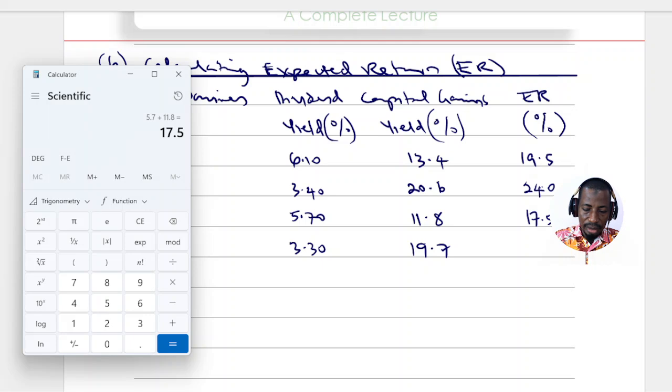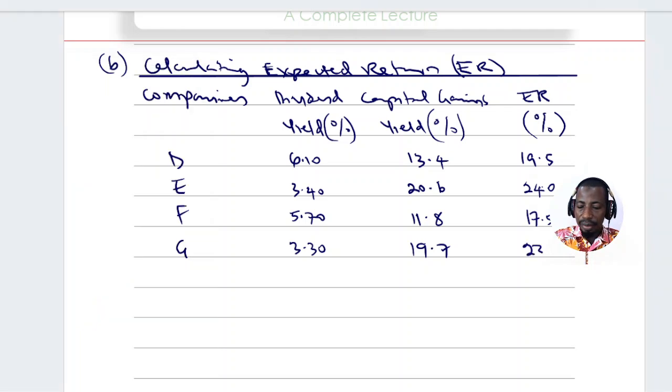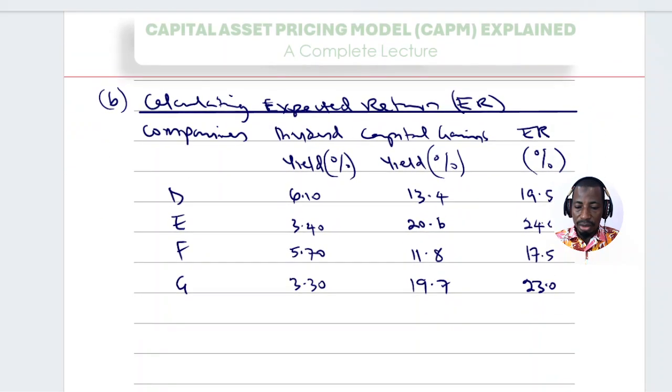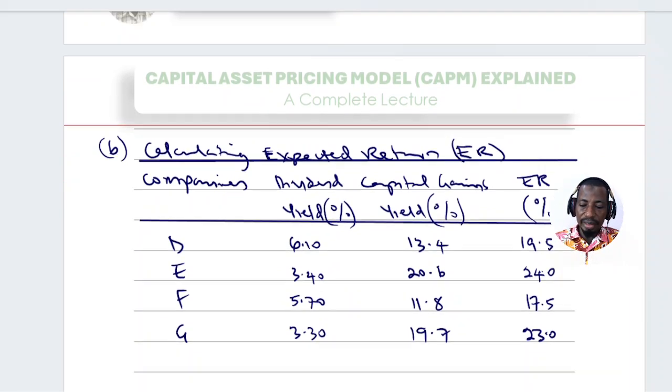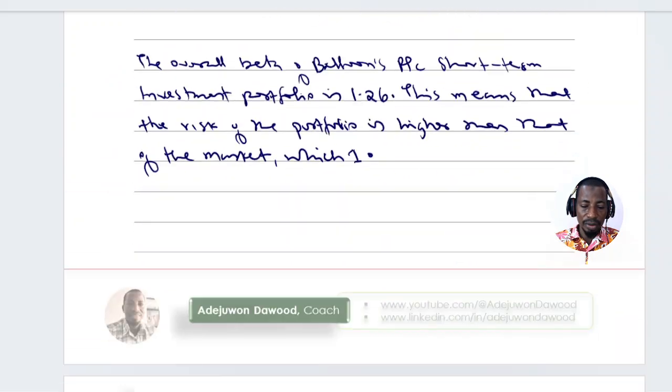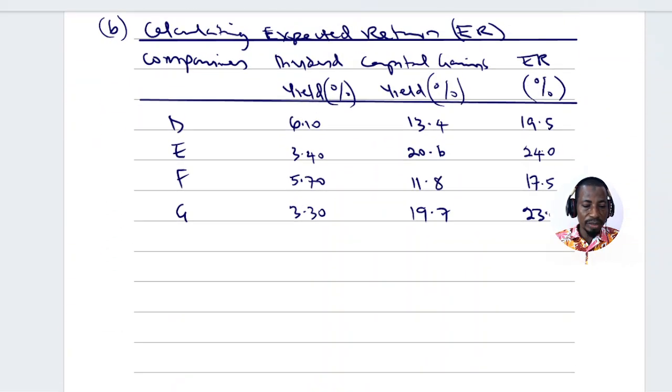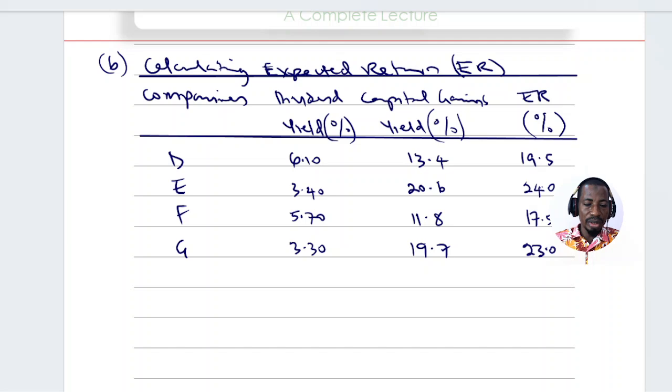Finally, the last one, 3.3 plus 19.7, 23.0. So the expected return is what we just computed. So let's go and put it there. 19.5, then 24.